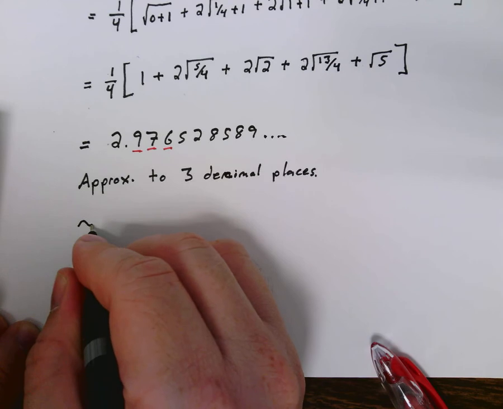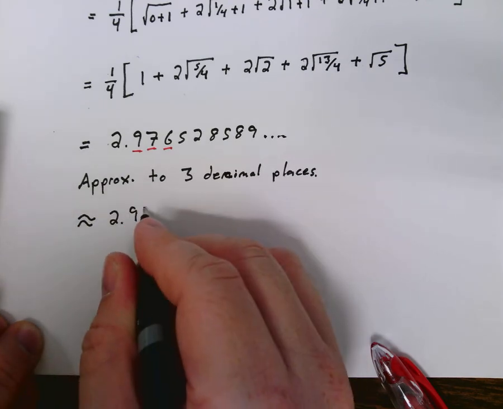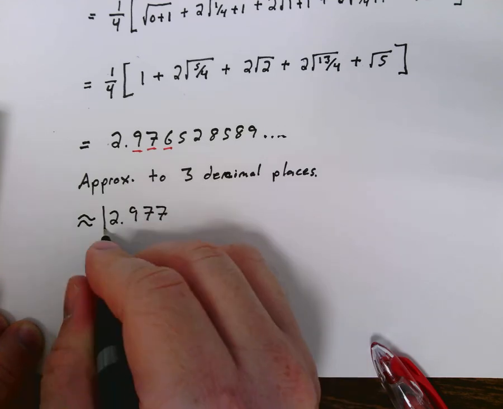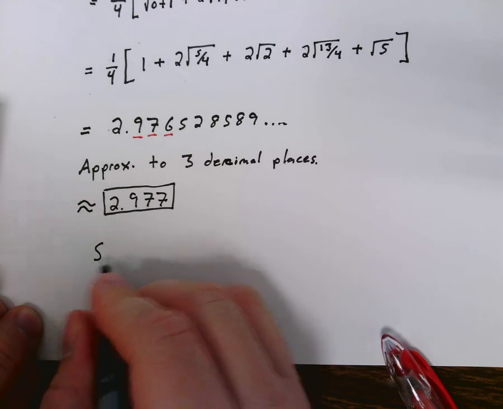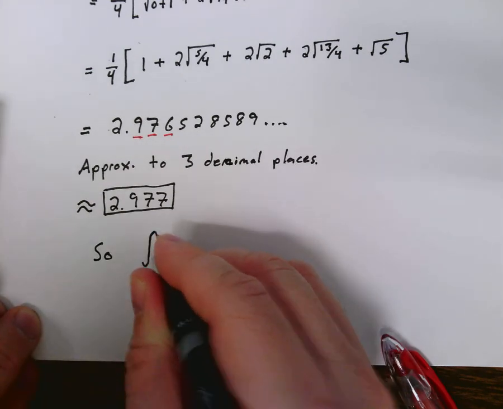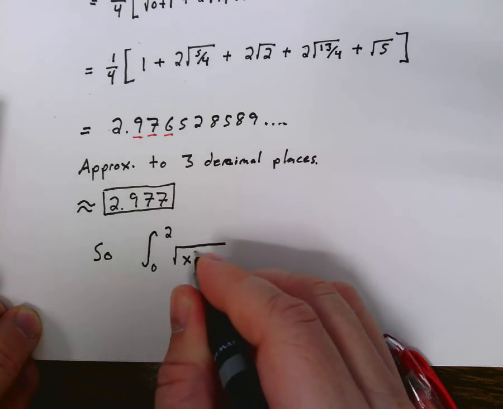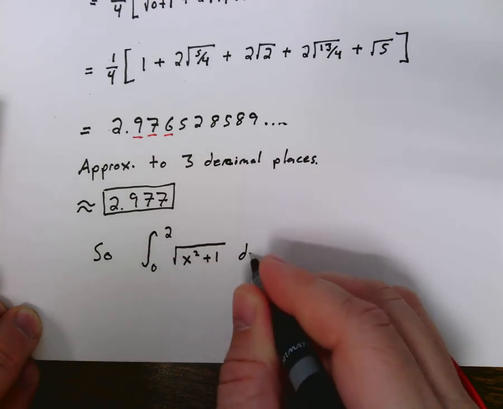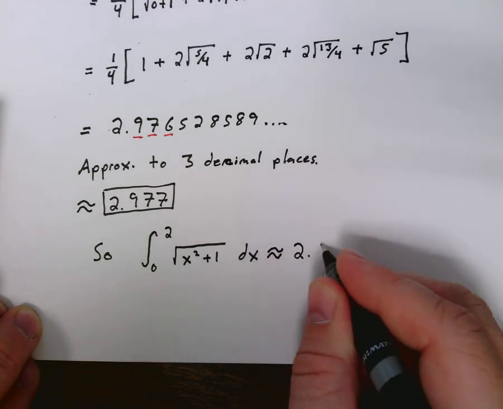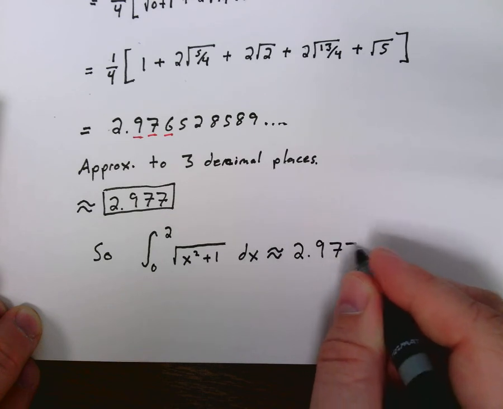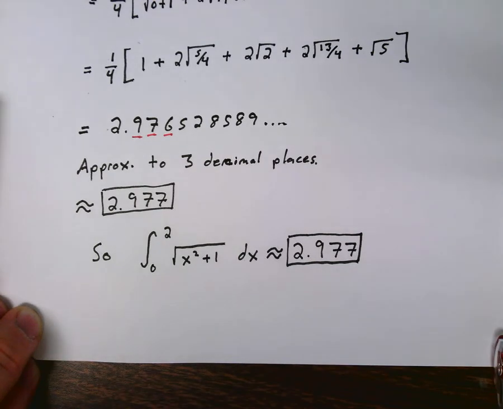So that's going to be approximately 2.977 as my final answer. So what this says is that the integral from 0 to 2 of the square root of x squared plus 1 dx is approximately 2.977. Cool.